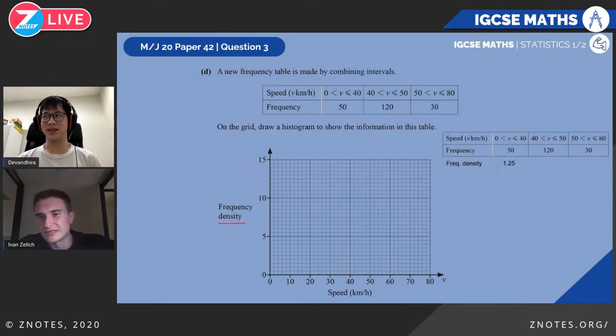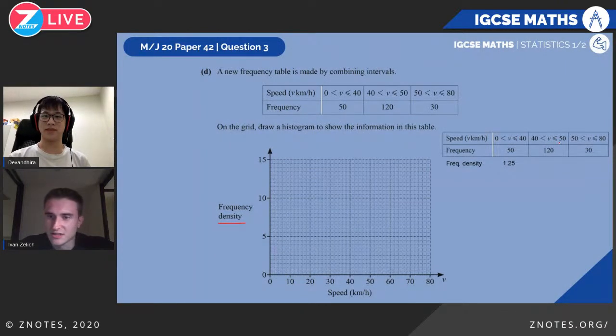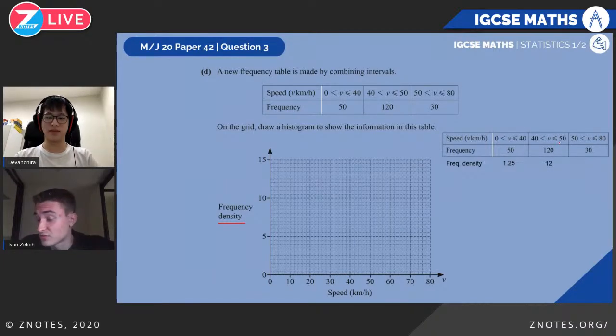So 50 divided by 40 is 1.25. And then we have an interval of 10 here, and frequency is 120. So in that interval, it's 120 on 10, which is 12. And then we have 30 with frequency of 30. So it's just 1. And now we just have to draw a histogram.